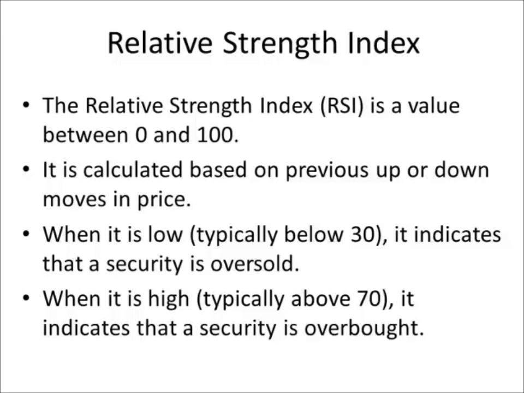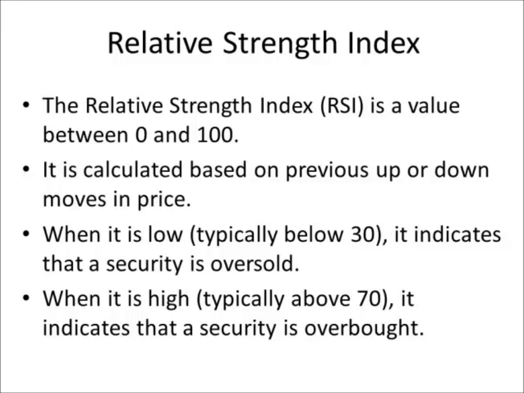Essentially, it looks at the previous days' price changes and tells us whether a security is overbought or oversold. So if there are a lot of days when the price has gone up continuously, then the RSI will be high. It will be close to 100.